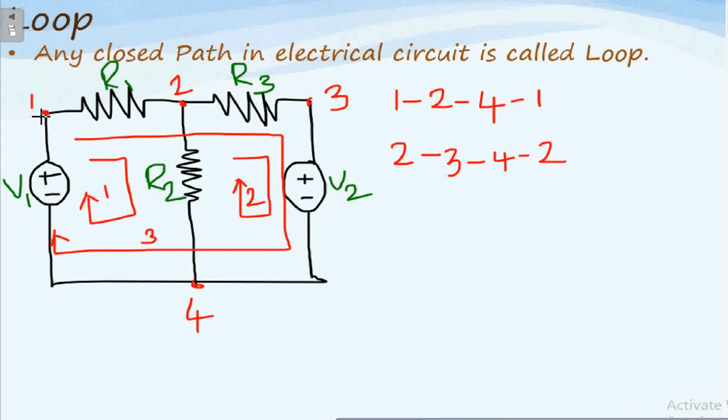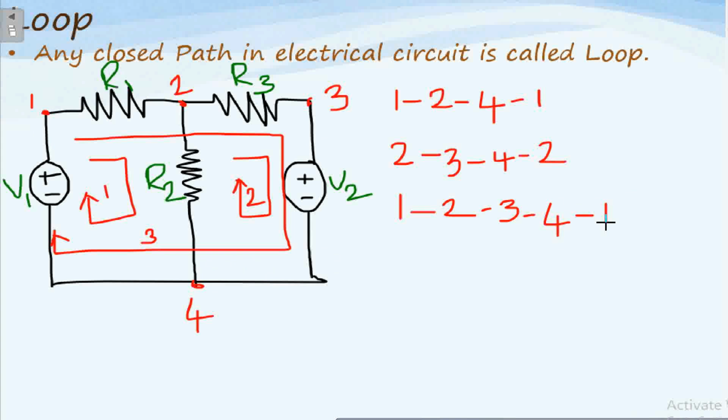Next, the outer loop. The outer loop is starting from 1 towards 2, next including 3 and next 4, and the last one is 1.